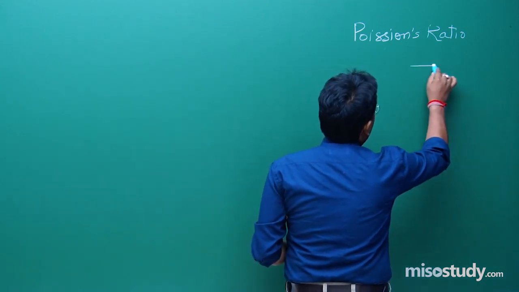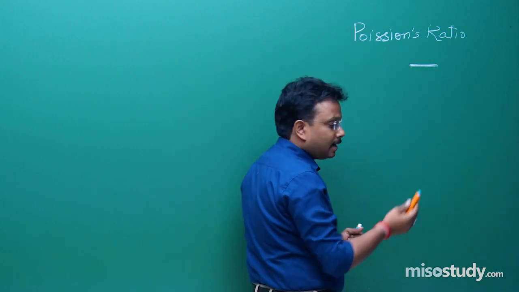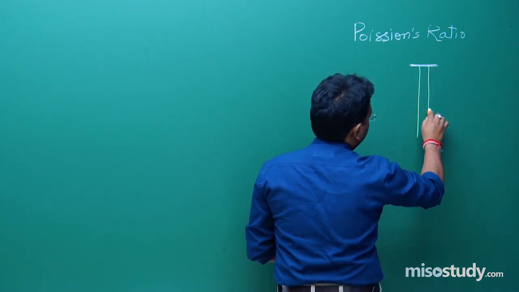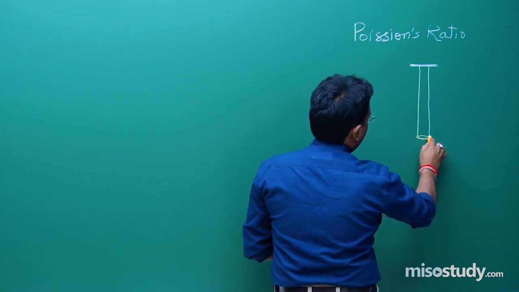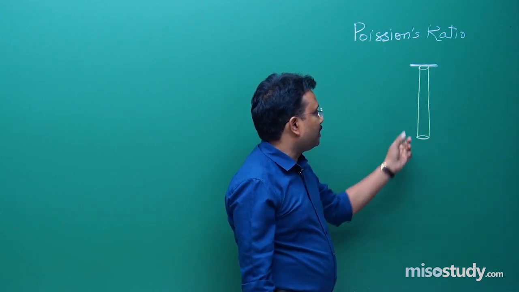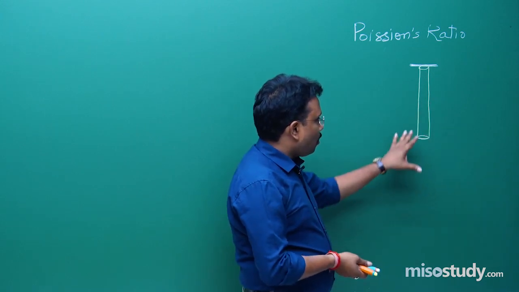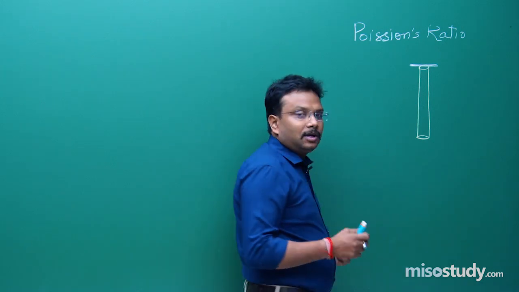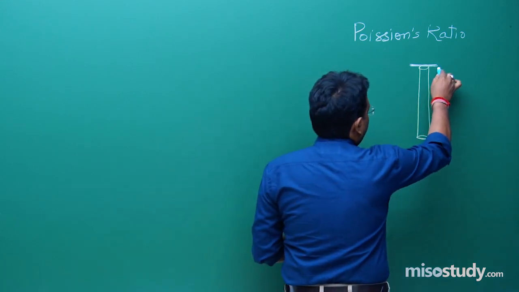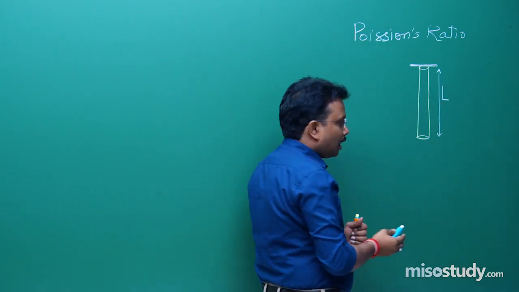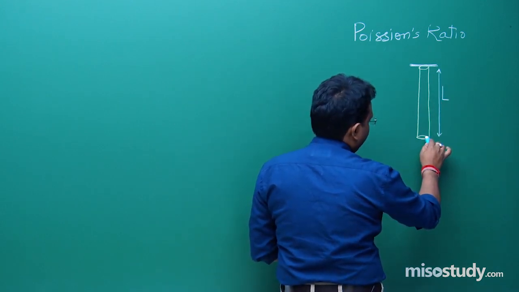So let us say from a stand a wire is hanging. This is a thin wire, but I am drawing it slightly bigger so that you can visualize it. Obviously the wire is in the shape of a cylinder. For this wire there are 2 important aspects. One is its length, L, and another is its area.